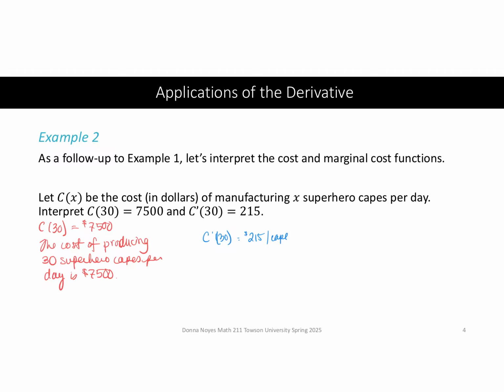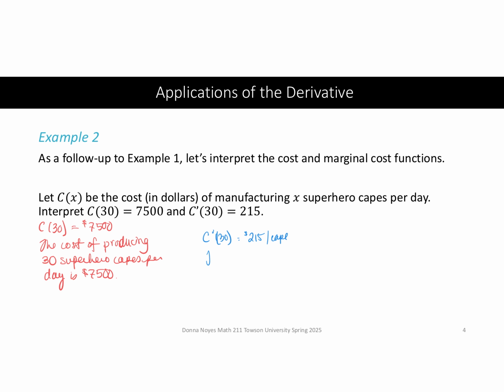So our cost is changing at $215 per cape. Our cost is increasing at $215 per cape. But it's only when X is 30. So it means that if we wanted to make one more superhero cape, our cost would go up by $215. So that one more would be the 31st.